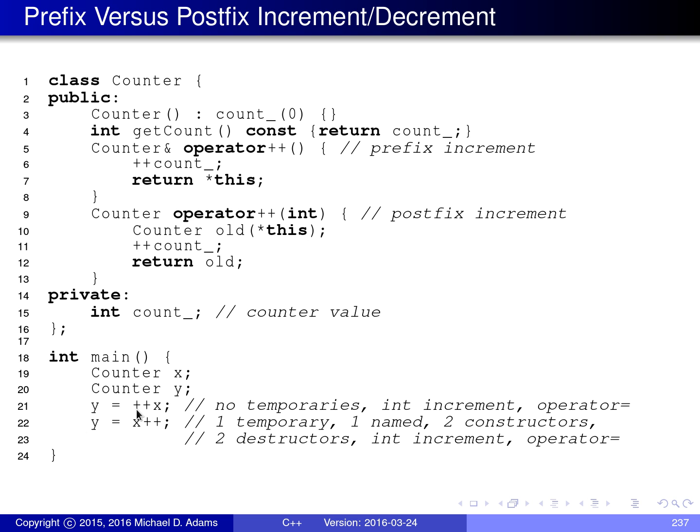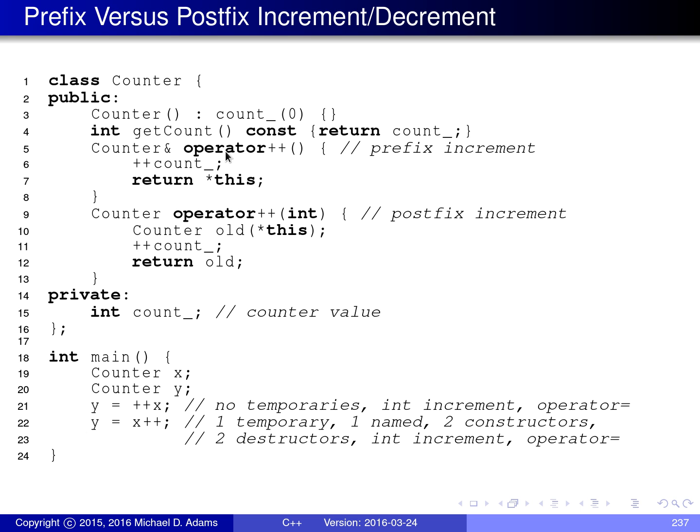Then we're going to apply the prefix increment and the postfix increment operators and consider what's the complexity of these operations, what things are involved. If we look at the first line, ++x is the prefix increment operation, so it's going to invoke this function here.